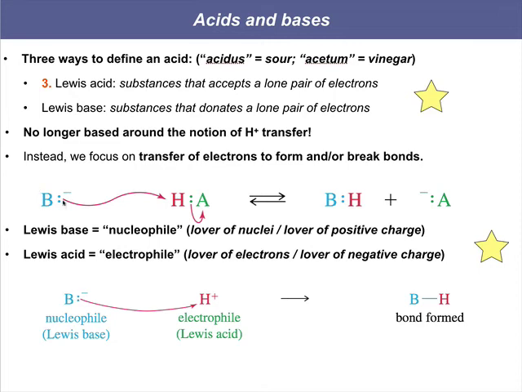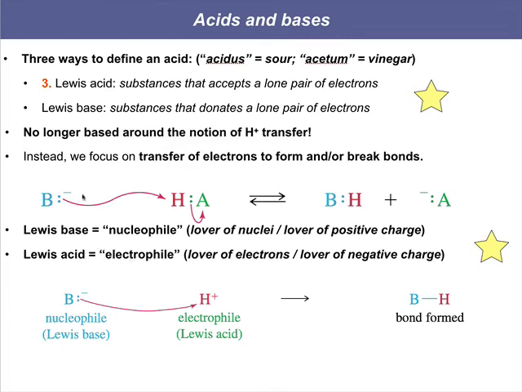We are actually transferring that negative charge from the B to the A. So in order for this reaction to want to happen, in order for the products to be more stable than the reactants, A should be happier with the negative charge than B, and B should be happier with a neutral charge than A. So if A is happier with the negative charge than B, it would make sense that A would be the electrophile.